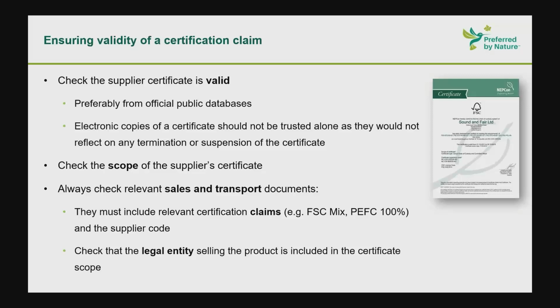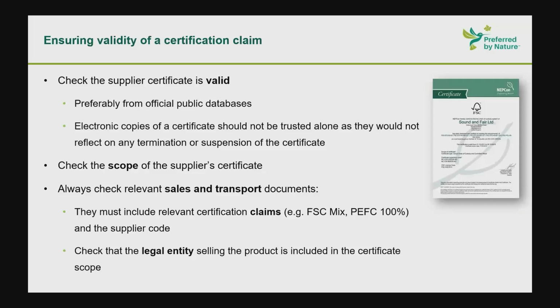But the PDF version of, oh, you have the certificate, it's still out there, right? It still can be sent to you. So do check official databases, because a PDF version certificate does not really mean anything. It could have been terminated in the meantime. Whereas public databases are usually up to date and will give you information about the validity of the certificate to this date. Checking the scope of the supplier certificate is also important.